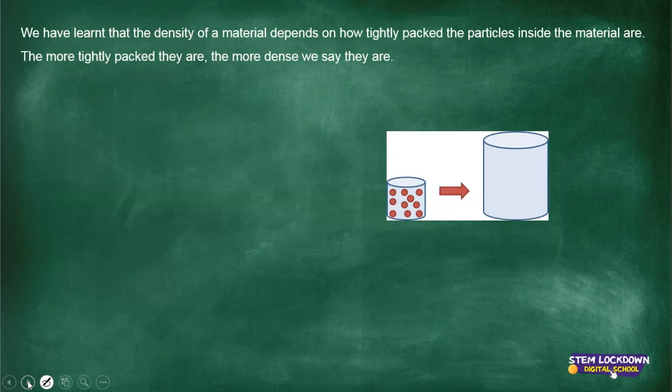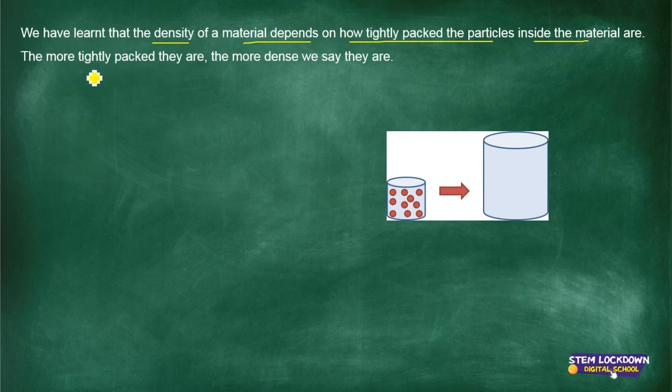Okay, so basically you have learned that the density of a material depends on how tightly packed the particles inside the material are. And the more tightly packed they are, the more dense it is.